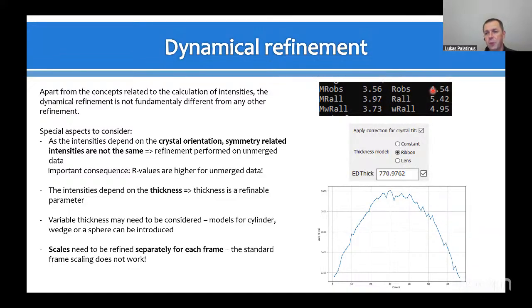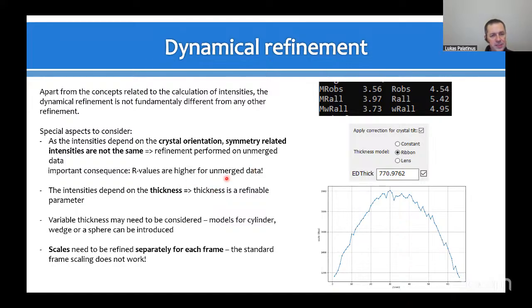The R obs is 4.54%. But if you calculate the R obs on merged data, so if you do a symmetry averaging, you get an R factor that is essentially exactly 1% lower. Of course, it doesn't change anything about the result. It is just good to know when comparing the R values and other statistics between kinematical and dynamical refinement.